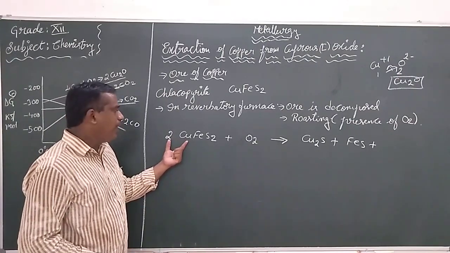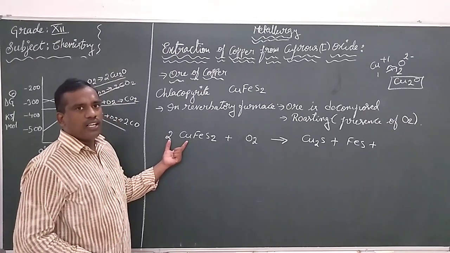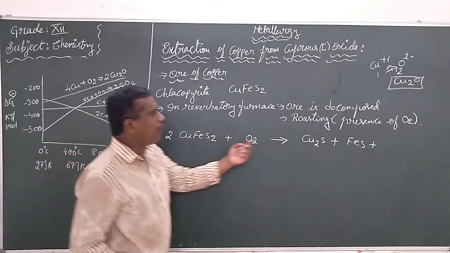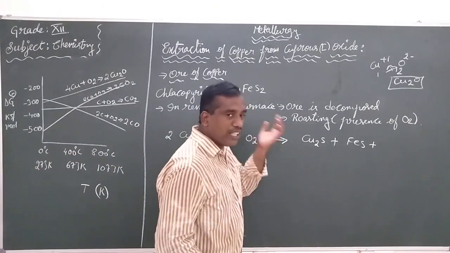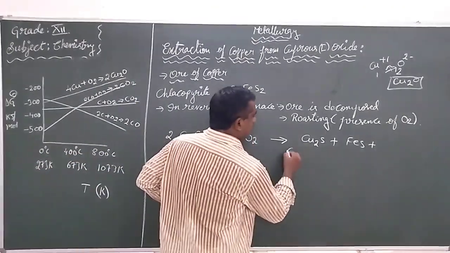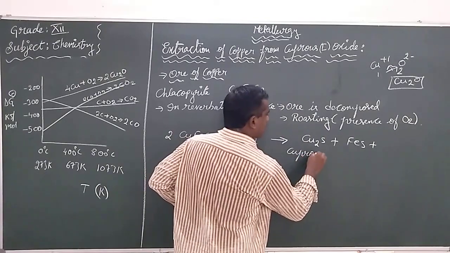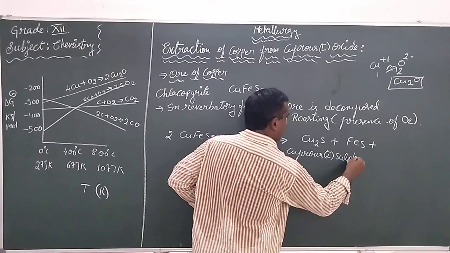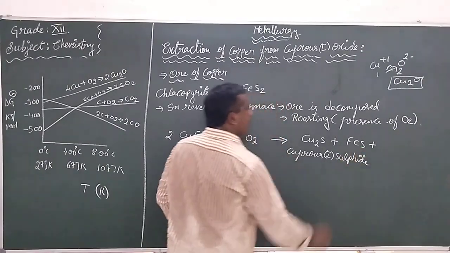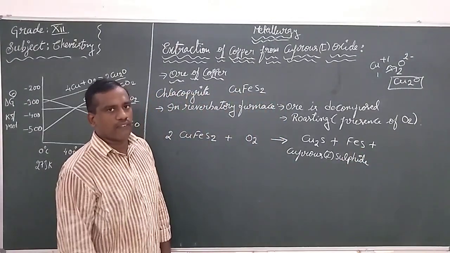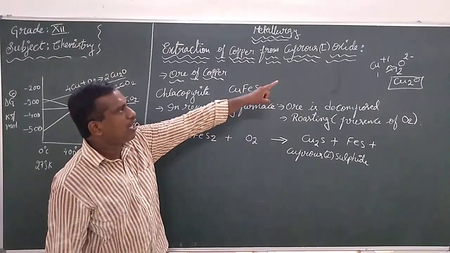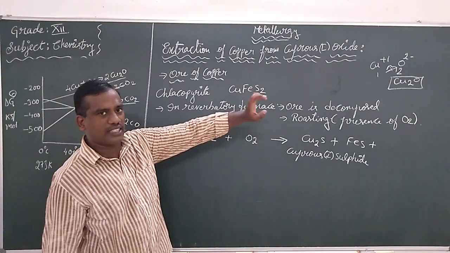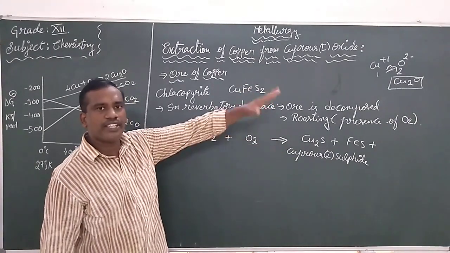These 2 coppers will take up 1 sulfur to form Cu2S, cuprous(I) sulfide. I already explained cuprous(I) oxide means Cu plus 1, O2 minus. Sulfur also has 2 minus.